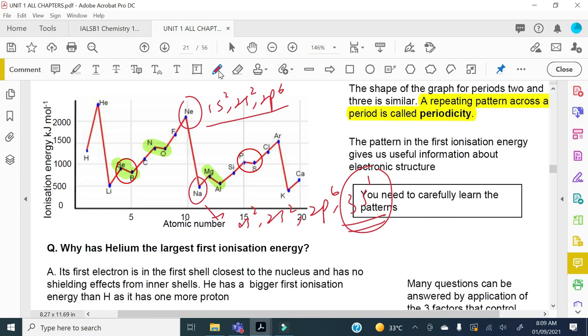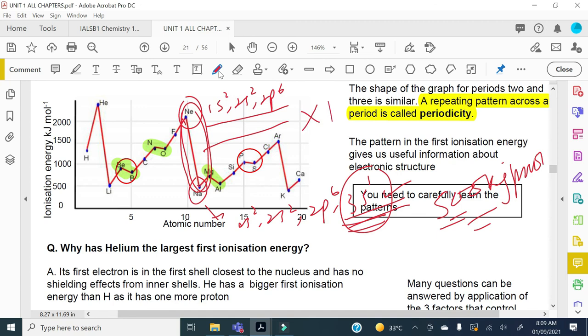For example, if for removing this electron I suppose 500 kilojoules per mole of energy is needed, then the energy for neon will be 10 times the first ionization energy of sodium, because you're breaking into a complete shell. That's why there's a big jump. You can see there's a big jump. So nearly 10 times that energy.